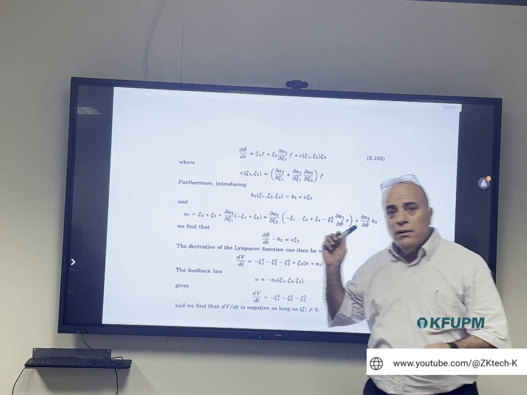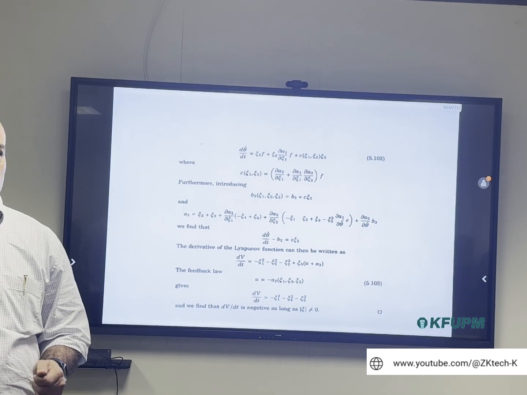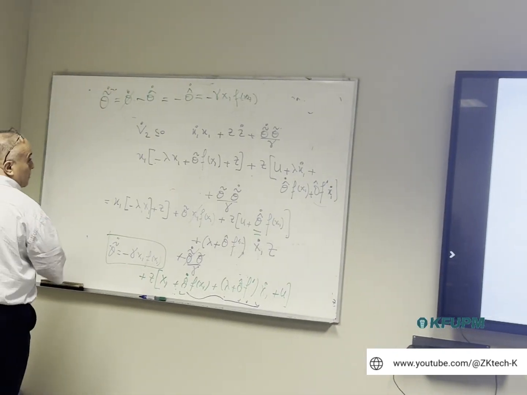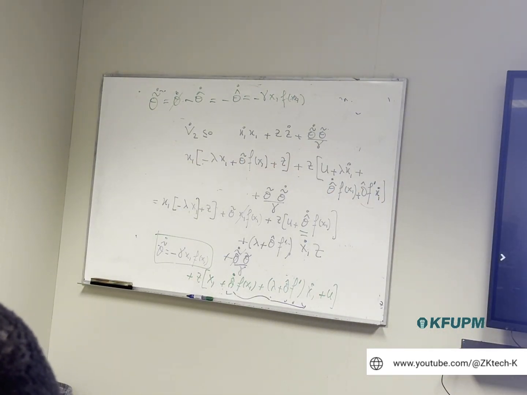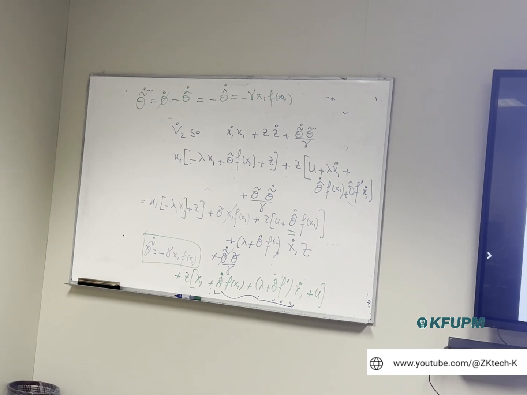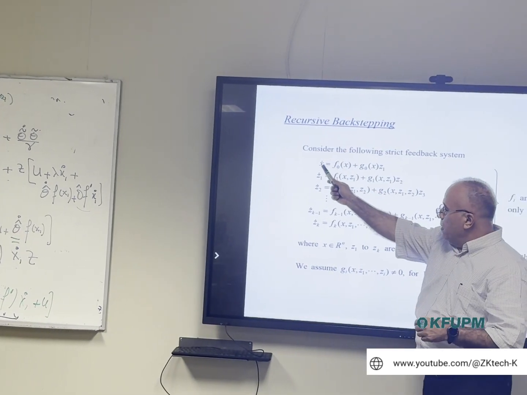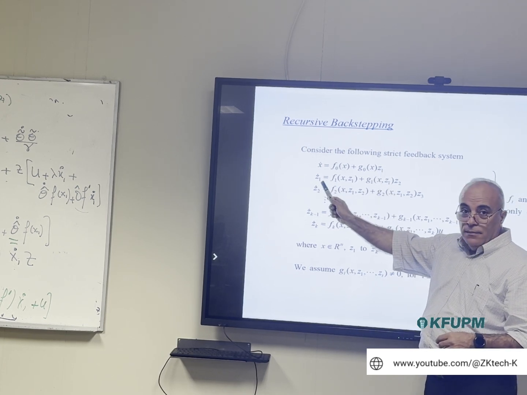Right. The systems that we use today are called strict feedback systems. Strict feedback systems are systems that are described by this structure, even if you have many states. So we say that the system is in a strict feedback form. You have the first state that is only a function of the second state, z1.